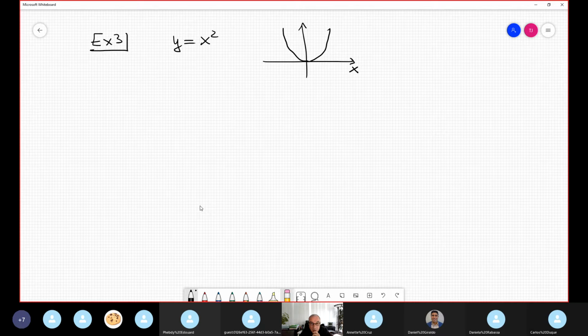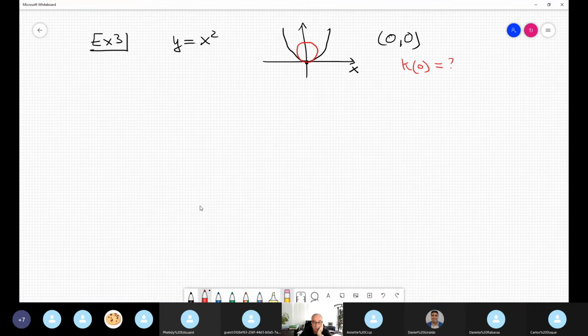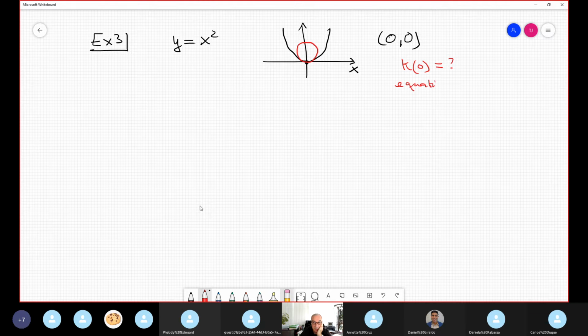If I want to find, for example, at the point t equals 0, at 0,0, the curvature and the equation for the osculating circle. Okay, two things. I need to find kappa at 0, then I need to find the equation of the osculating circle.